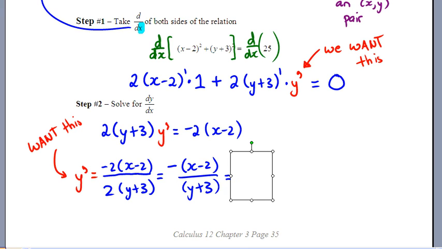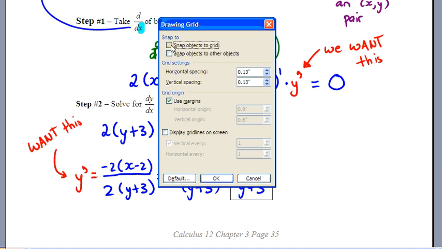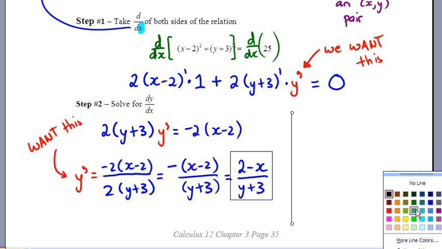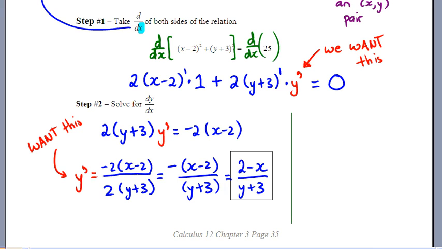Now, this question originally said, please go and figure it out at the point (5, -7). So sure, yeah, okay, we'll do that. Got lots of room right here. It's going to be quick. So at this pair, (5, -7), we have an x value and we have a y value. It looks like this derivative, y prime, is equal to, putting numbers in, 2 minus the x value, 5, sitting on top of y, -7, plus 3.